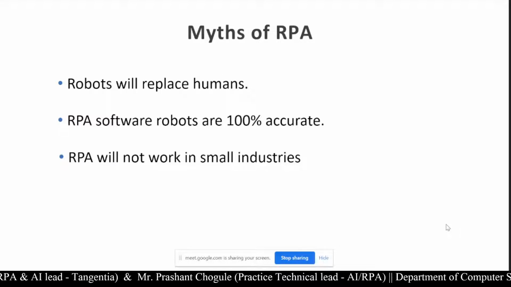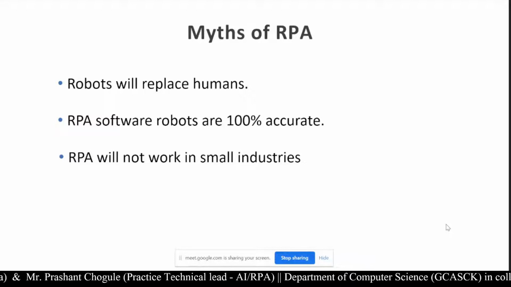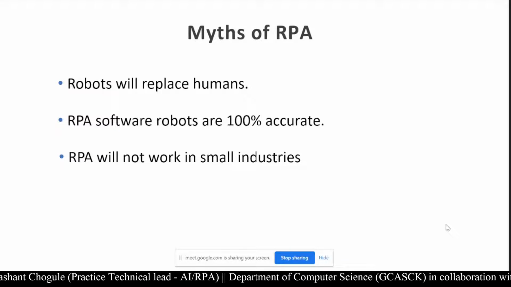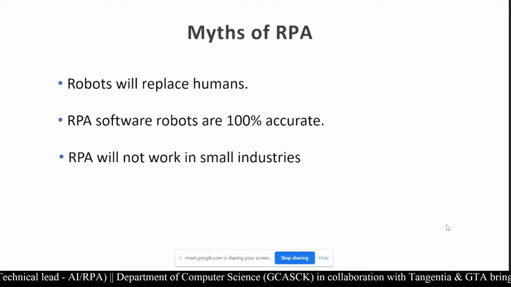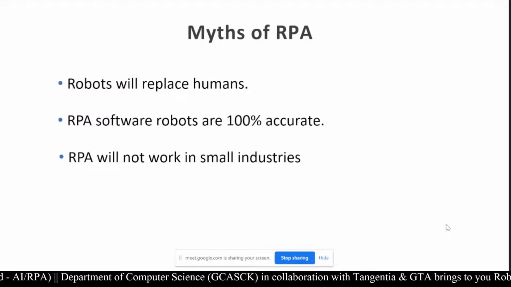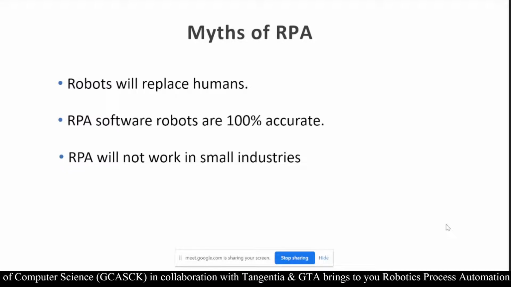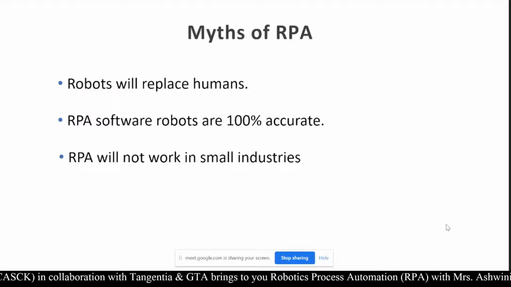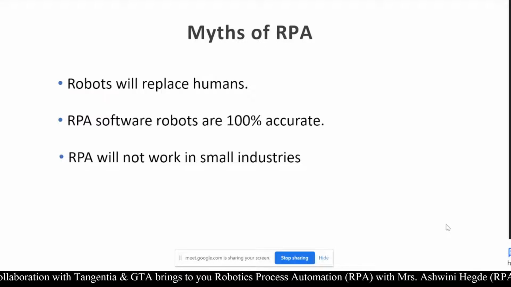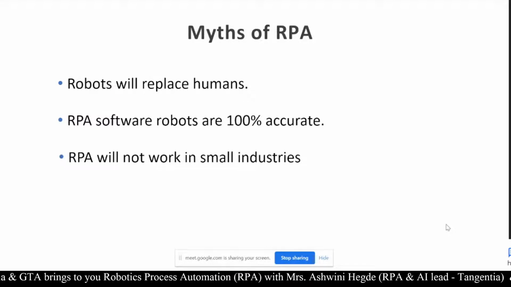Only the mundane, repetitive, clerical kind of work the bots can do. But where there is a need for decision making, using your brain, where you have to take some thoughts or decisions at the spur of a moment, bots cannot replace the humans. And we are also saying that bots are 100% accurate.